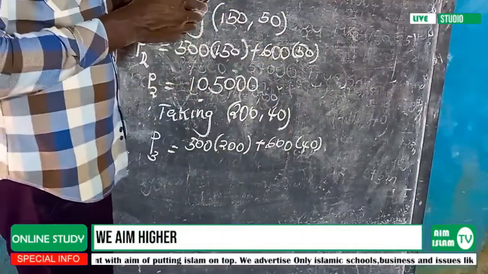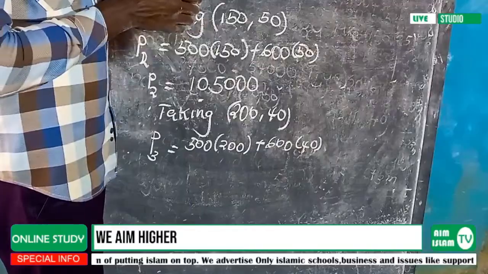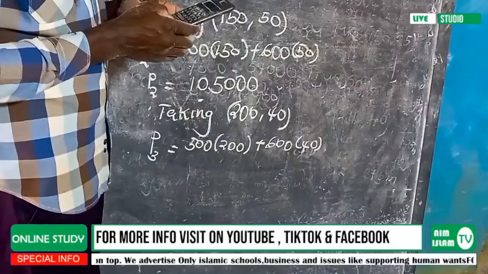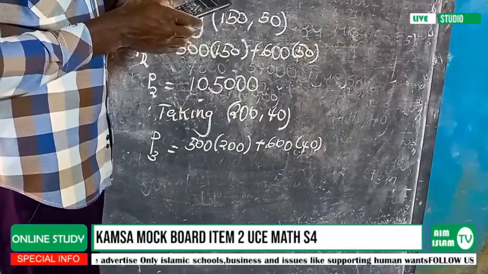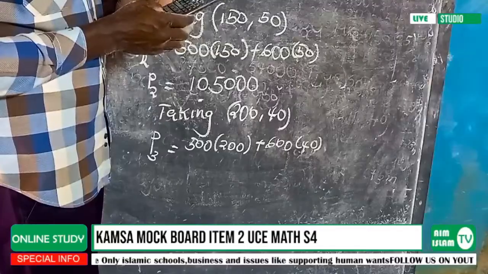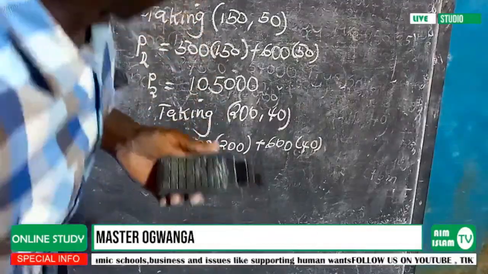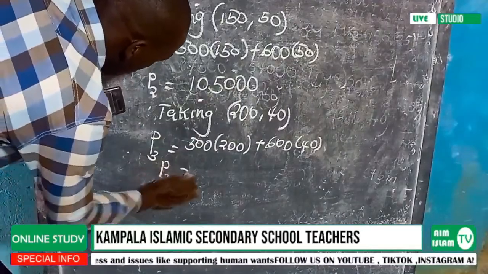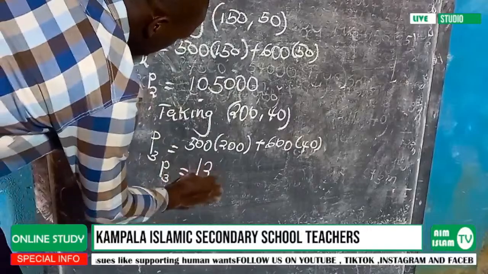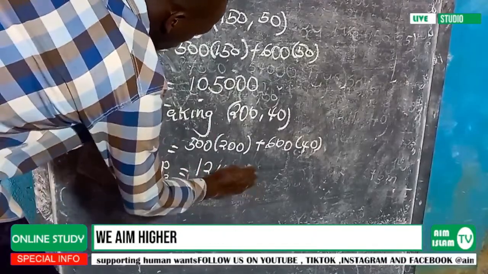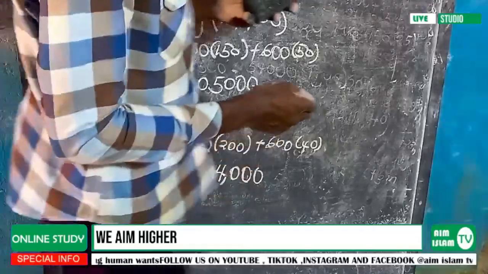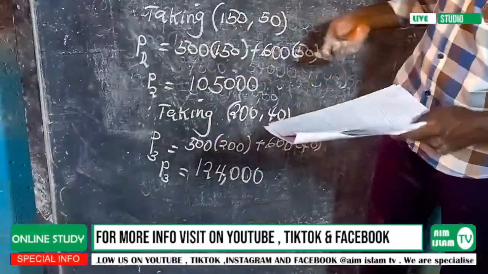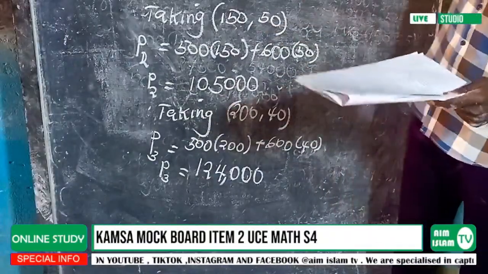Can also compute. So this is our P3, giving me 124,000.